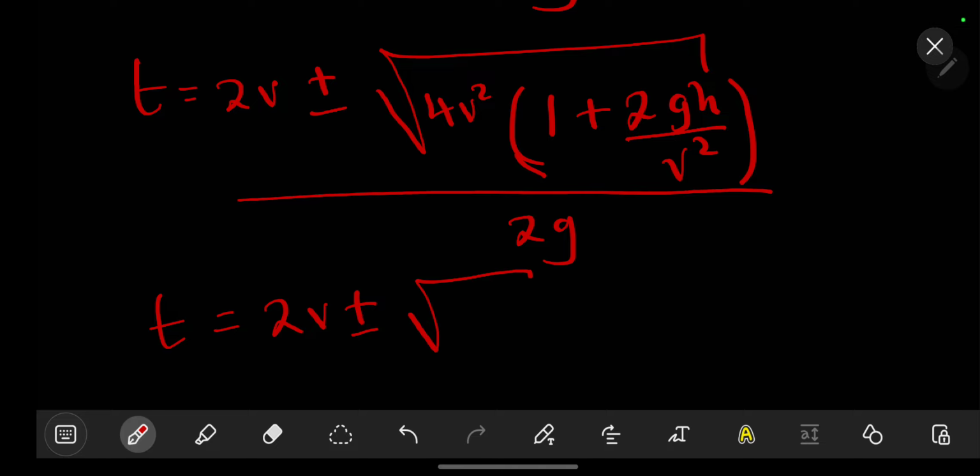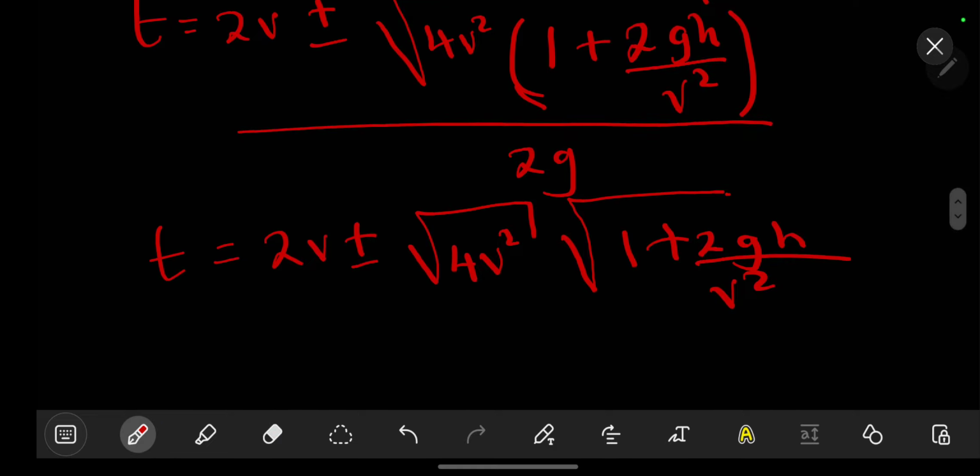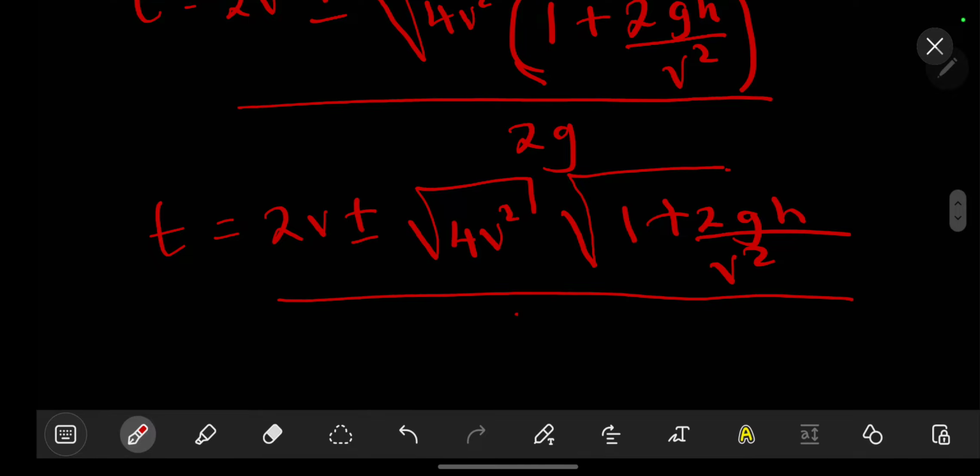So we are going to have the square root of our 4v squared times the square root of 1 plus 2gh over v squared, like that. You can do this for both of the numbers. So with that said, we are going to have over our 2g.